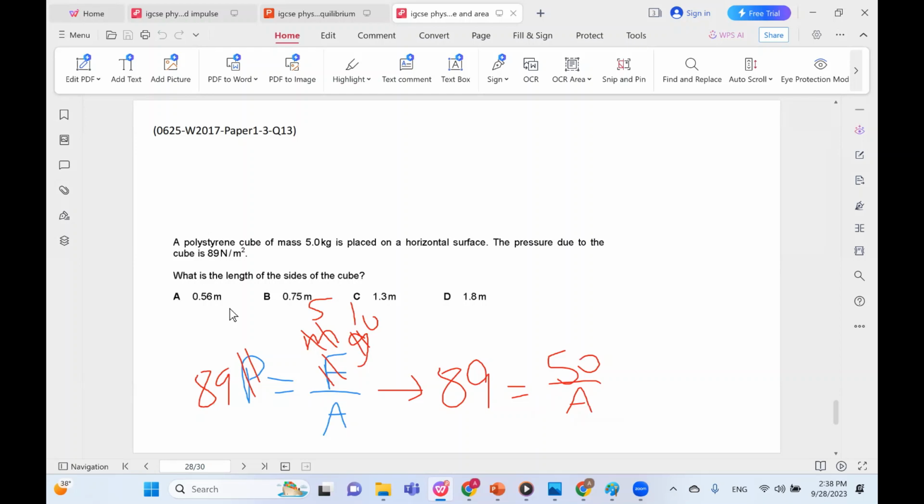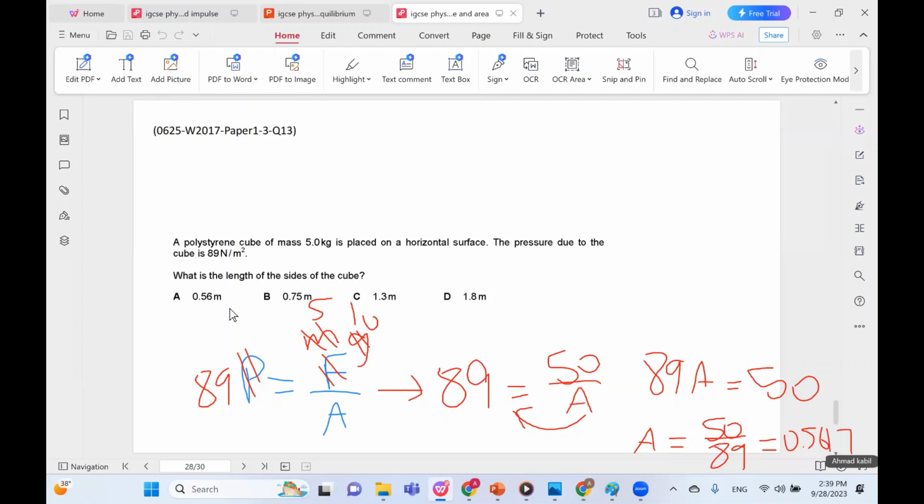So in order to find A, we're just going to do a bit of math. We'll take the A to the left. We get 89A equals 50. Then we divide by 89. So A equals 50 over 89. And 50 divided by 89 roughly gives us 0.5617.